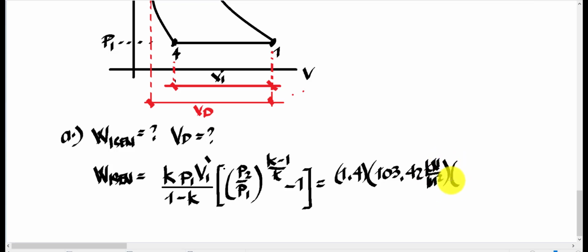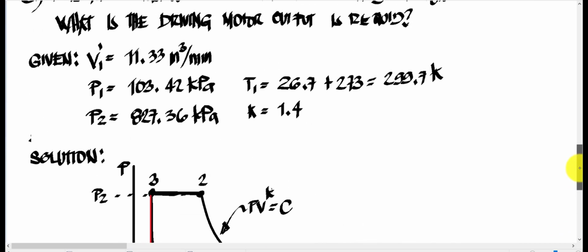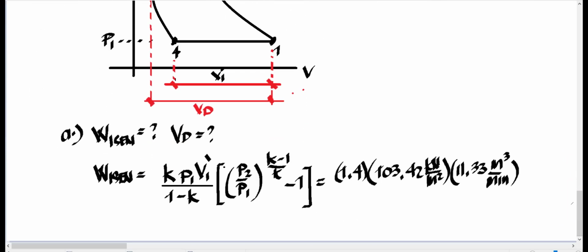Then we multiply it by the volume flow rate, which is 11.33 cubic meters per minute. Checking the units again, okay, it's correct. Then all over 1 minus 1.4.